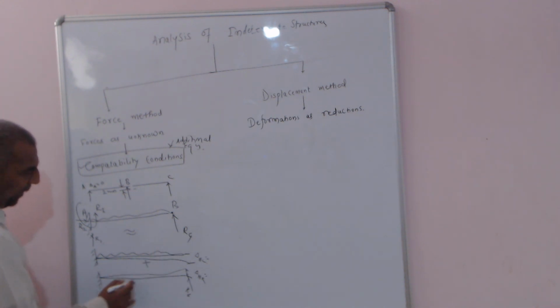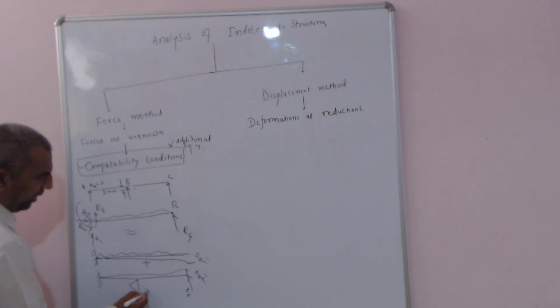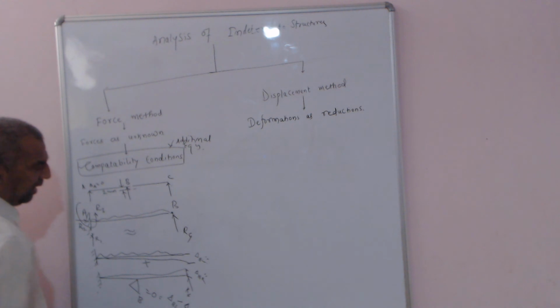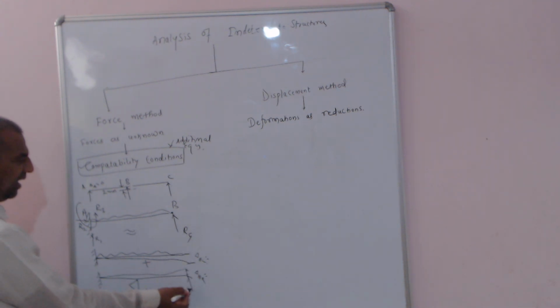Therefore, what is the compatibility condition? Total delta at the point B equal to 0. That is equal to delta BL minus delta BR. Why is one minus and the other plus? One is moving in the downward direction and the other in the upward direction.